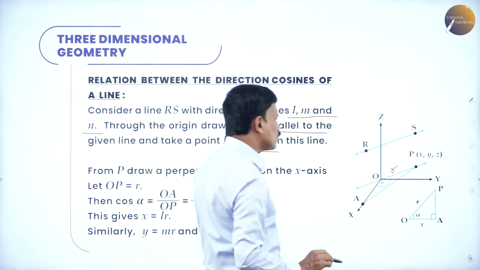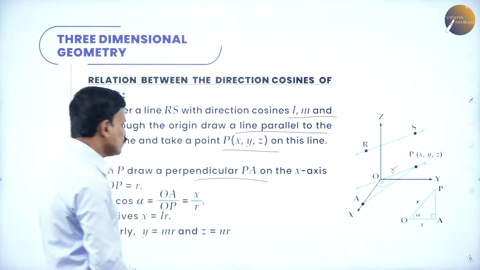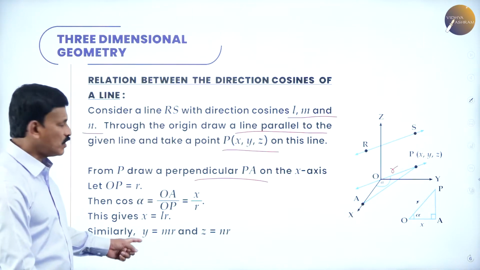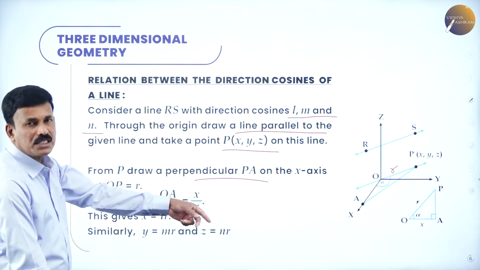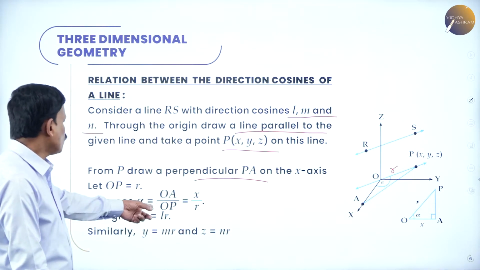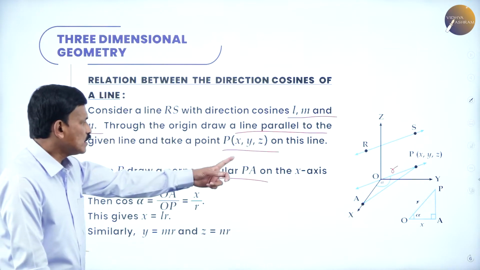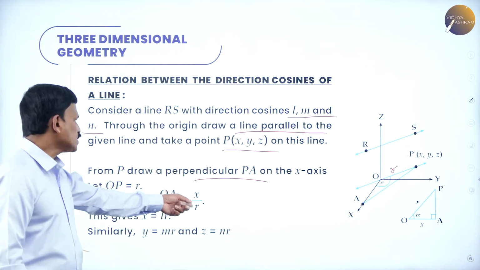If OP is equal to r and OA is equal to x, then cos alpha, which is cos theta, is nothing but adjacent by hypotenuse, that is OA divided by OP. OA is equal to x and OP is equal to r, so cos alpha is equal to x by r.